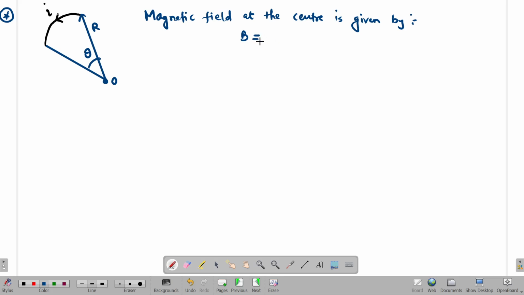It is given by the formula B is equal to mu naught I by 2r times theta by 2 pi. No, no, let us not write the number of loops in that. So it is mu naught I by 2r, theta by 2 pi.